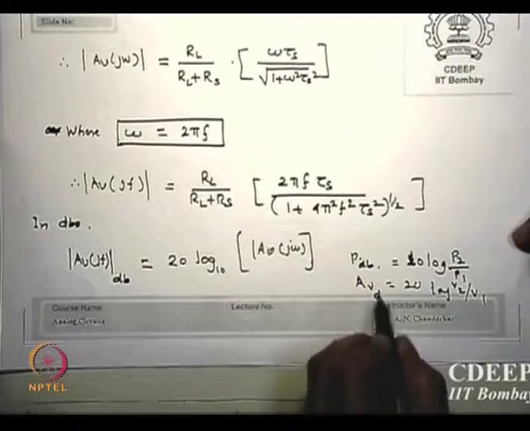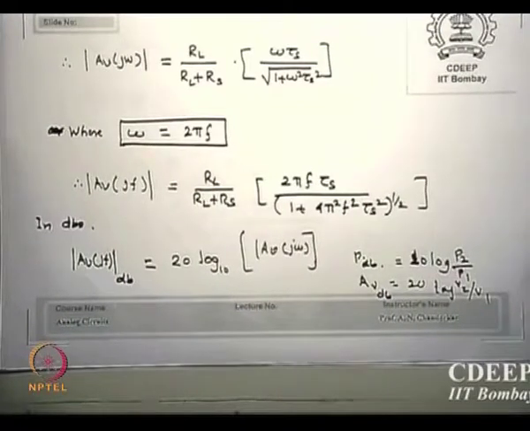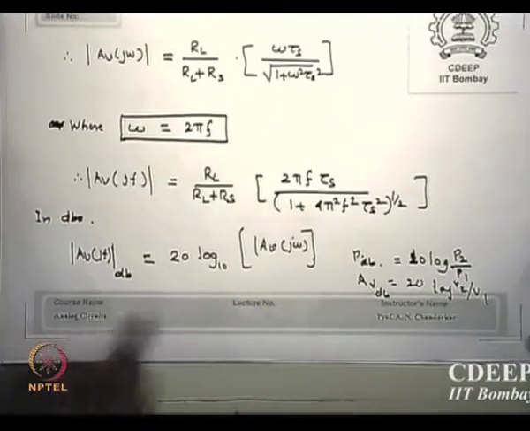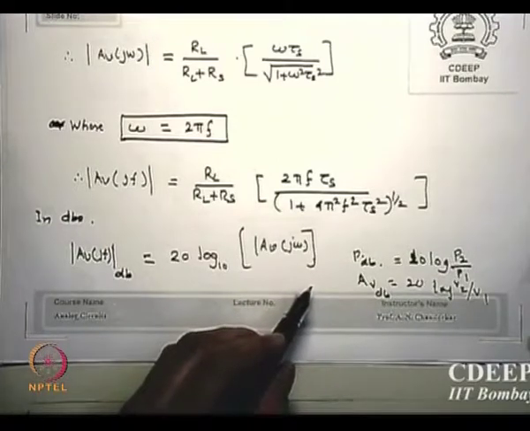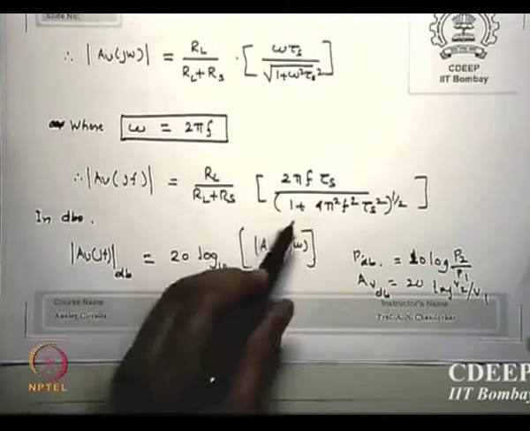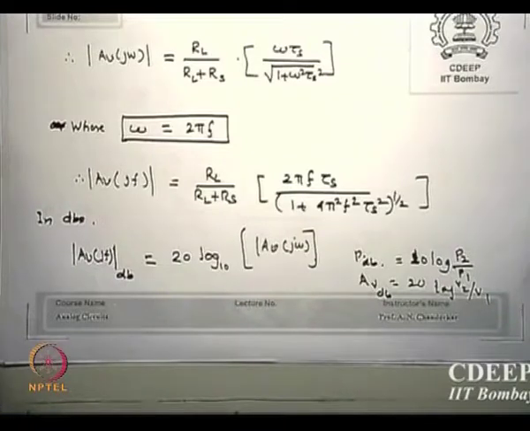So AV in dB is 20 log V2 by V1, which is gain. Okay, is that correct? So if I want to find any dB values, all that I do is 20 log 10 of the magnitude of this value, which is AV(j omega). Is that clear? 20 log V2 by V1 is the voltage gain in dBs.